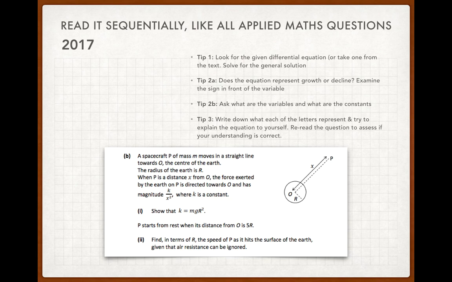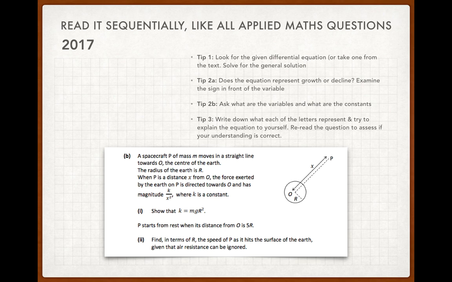I'm going to go through the tips as though I didn't say anything to you yet. So, number 1, is there a differential equation? Well, there's definitely a k over x squared. Okay, I don't know right now if that's an acceleration or a force, but if I was a betting man and I'm looking at the system here with spacecrafts and stuff, it's definitely one of the two of them. I would probably just have a quick glance through it and I see force exerted.